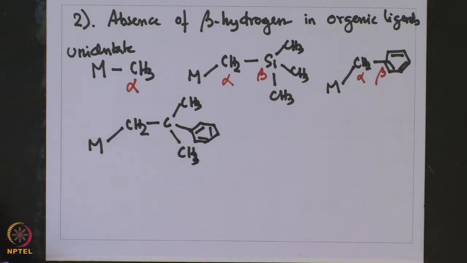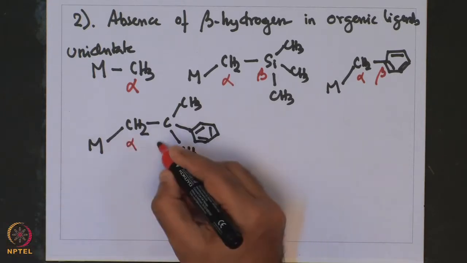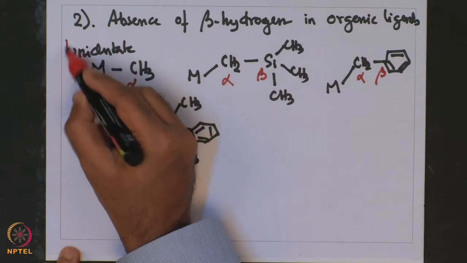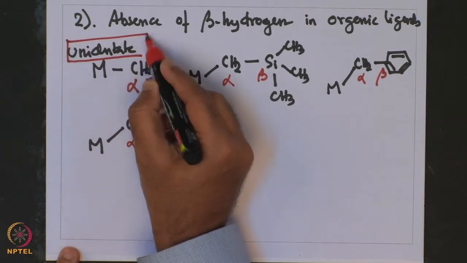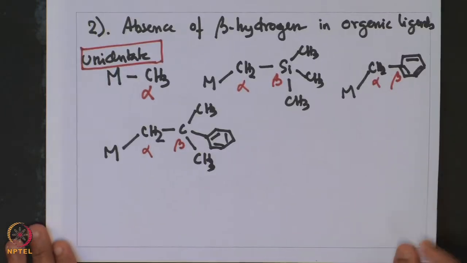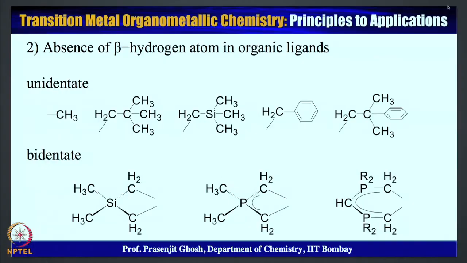This also does not have a beta hydrogen. These all belong to the monodentate class of special ligands, which do not have beta hydrogen and impart greater stability to the complex.